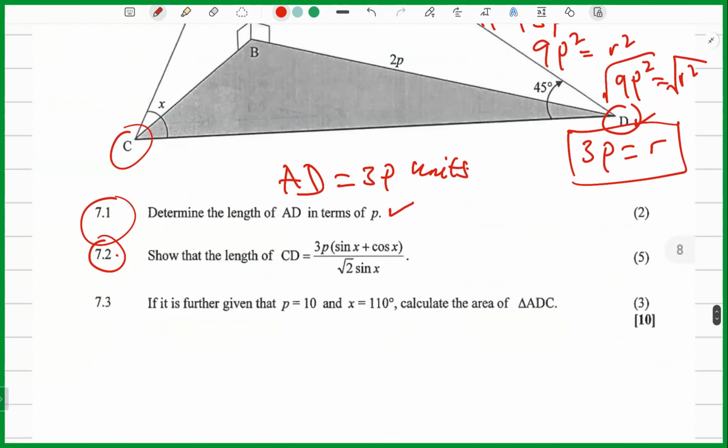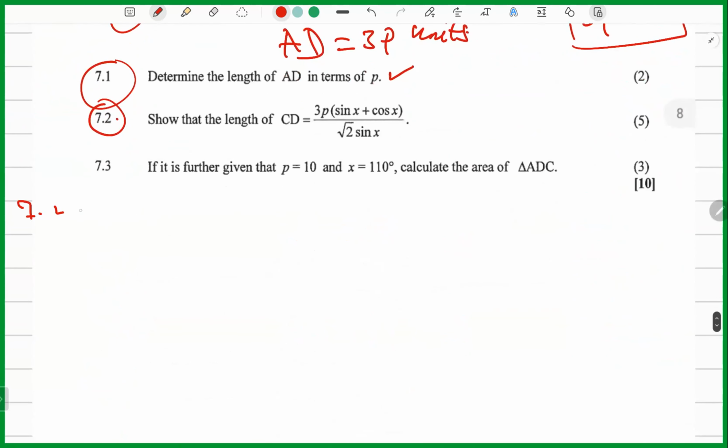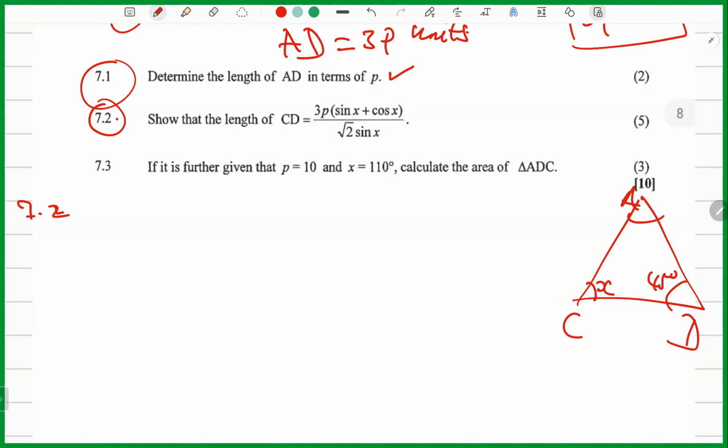So in 7.2, you take the triangle like this and have A here. This one, according to the examiner, is C, and this one is D. And this is 180 degrees minus X plus 45 degrees.